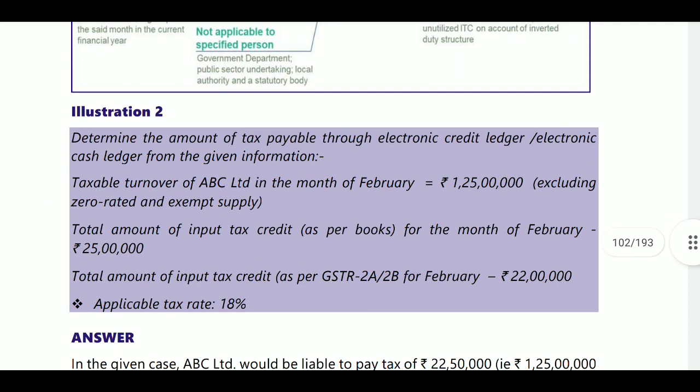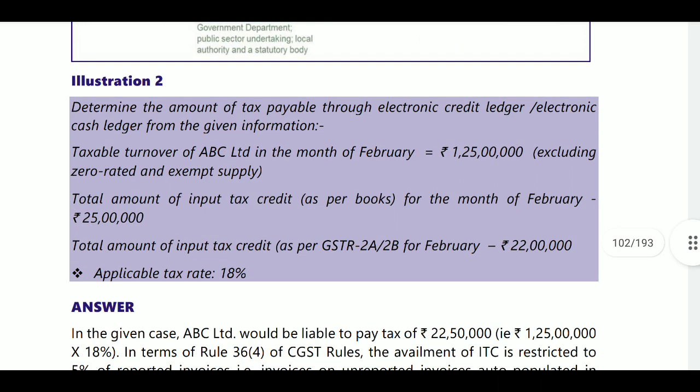Illustration number 2. Determine the amount of tax payable through the electronic cash ledger or electronic credit ledger from the given information. The taxable turnover of ABC Limited in the month of February is 1.25 crores, that is, it has exceeded 50 lakhs.